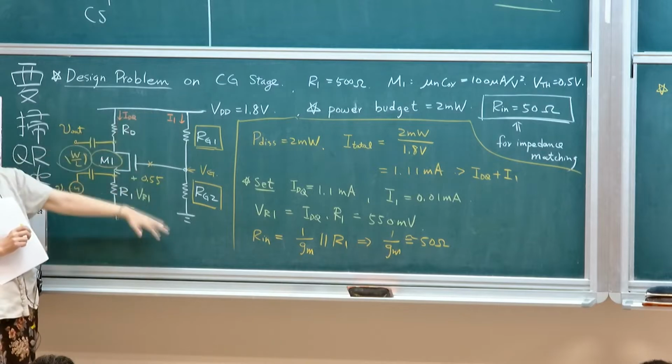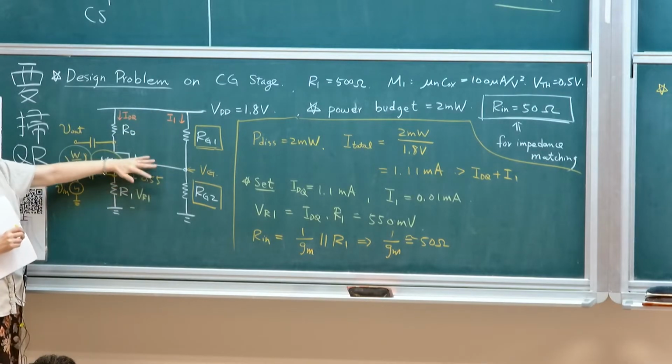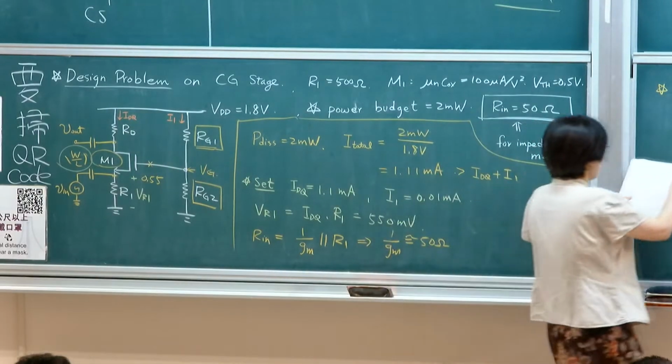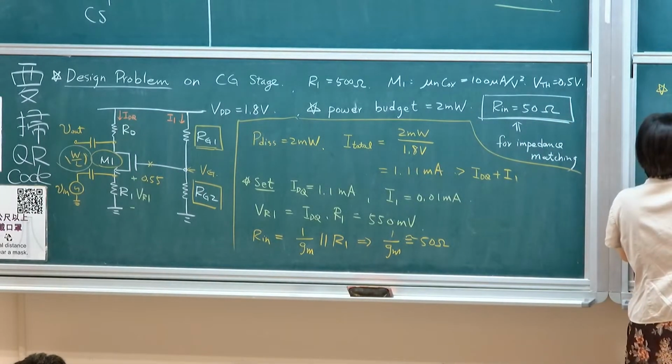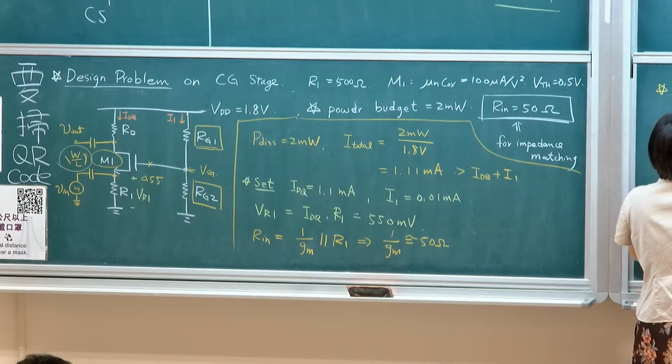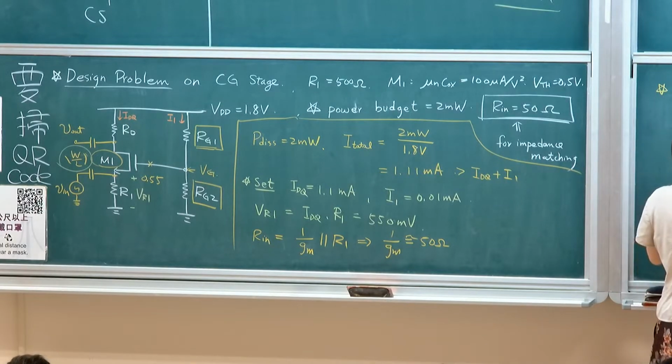I know that my overall voltage is 1.8 volts, so somewhere in the middle would be good. So I'm setting my overdrive to about 0.1, that's 110 millivolt.